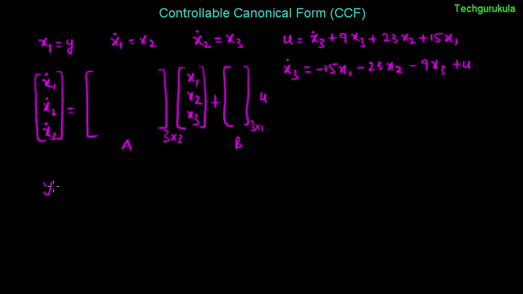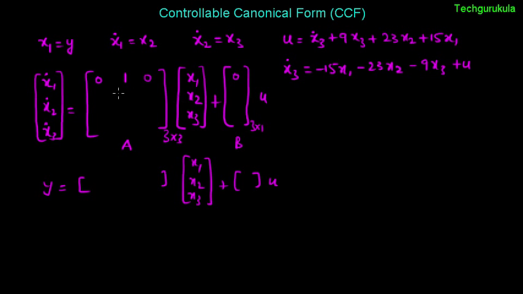And now we have the output expression, which can be written with x1, x2, x3 plus u. This is the state equation, this is the output equation. Now let us find the content of matrix A. We know x1 dot is equal to x2, which means we can put 1 corresponding to x2, and the rest of the terms 0, because it doesn't depend on u or x1 or x3.